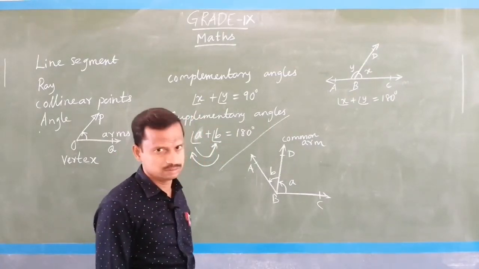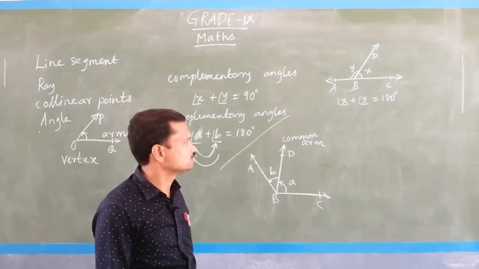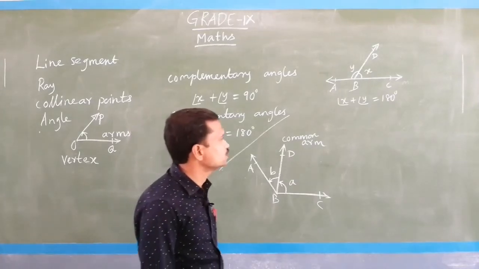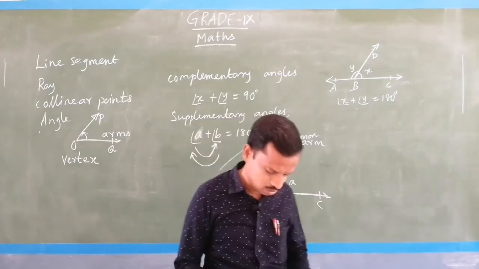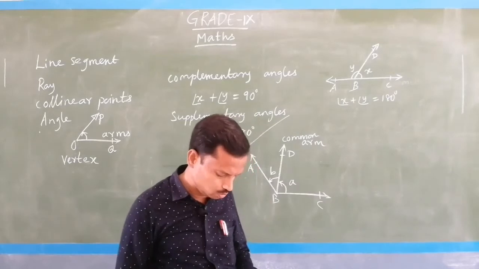They are adjacent also, but if the sum of the two adjacent angles is equal to 180 degrees, then we can say they are linear pair of angles.